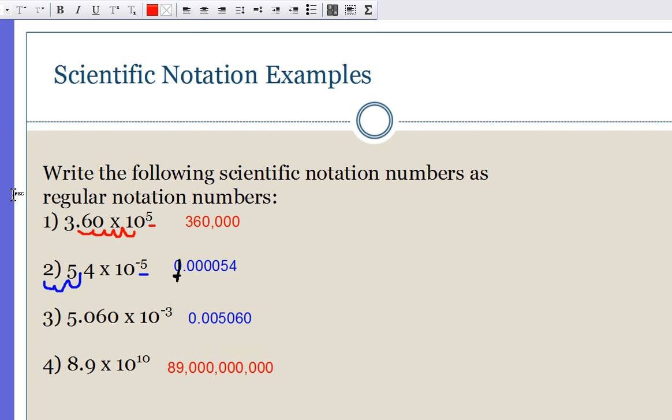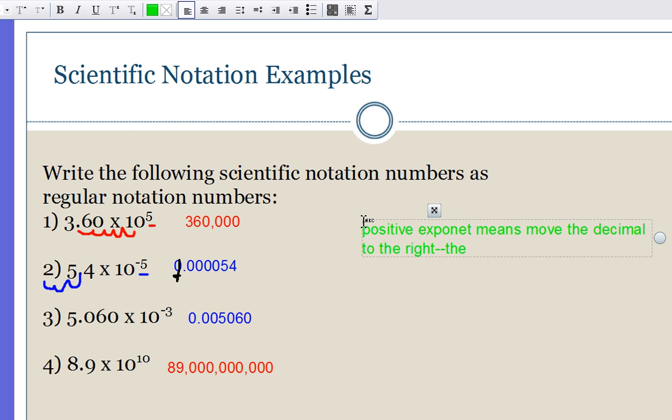Alright, so if I want to think of some rules or tips for these, I would add these to my notes. A positive exponent means move the decimal to the right.